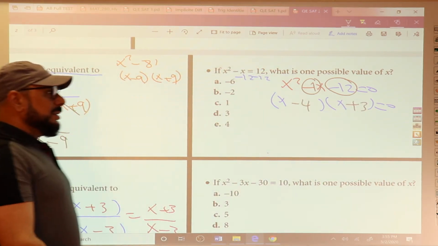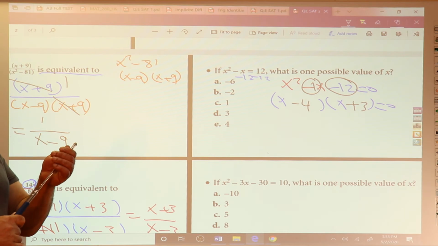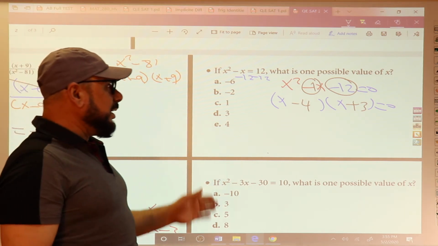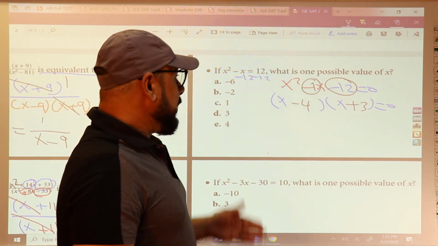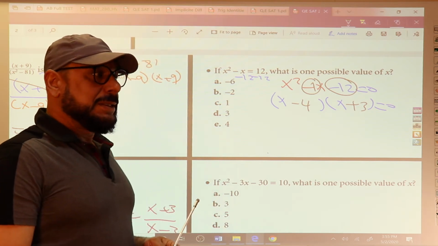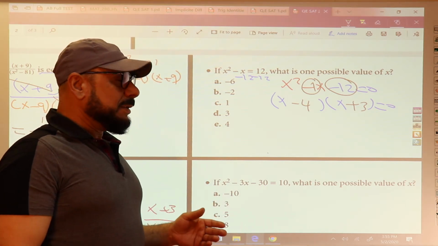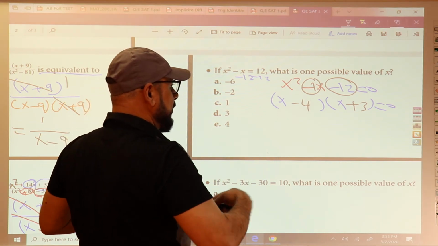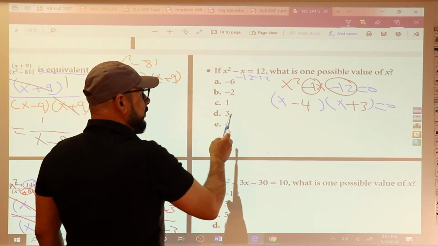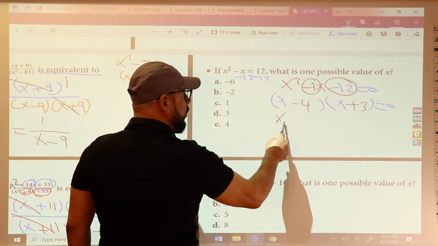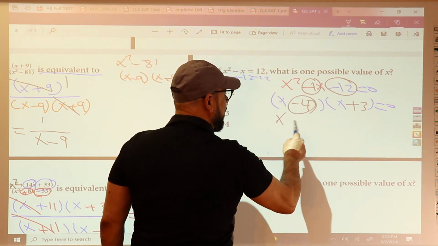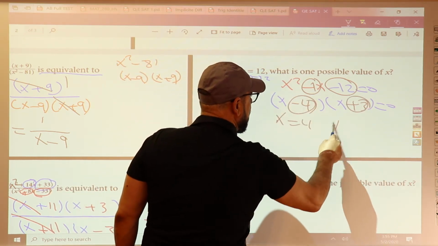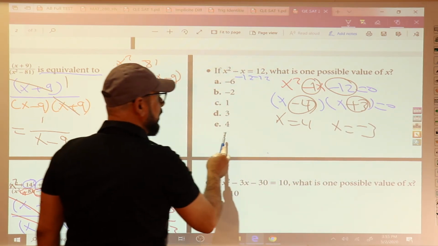Negative 4 plus 3: negative 4 times 3 is negative 12, and negative 4 plus 3 is negative 1. So x equals 4 and negative 3. See which one you need.